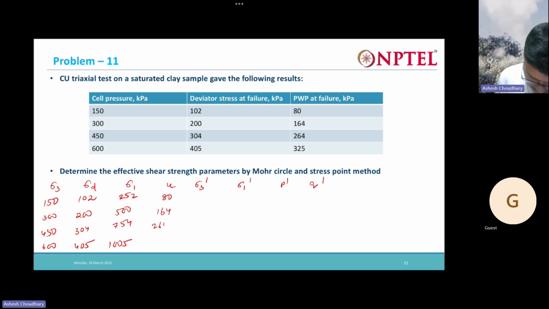At failure, sigma 3 prime is nothing but 150 minus 80. Similarly for all other values, just deduct the pore water pressure.